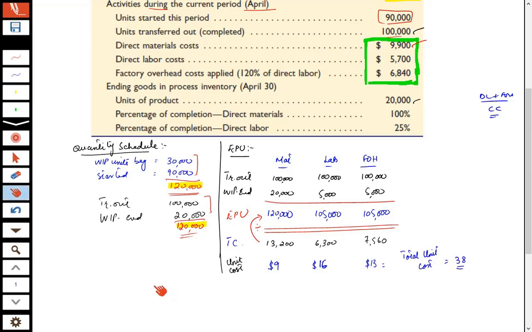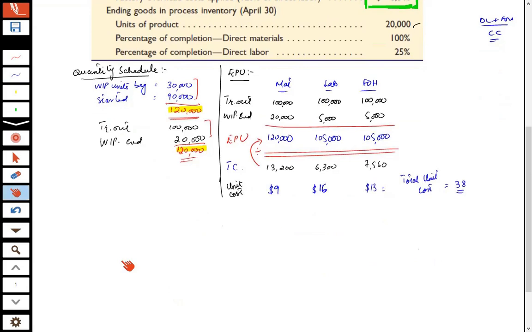And what would be the total cost that we have to account for? 27,060. This is the total cost that we have to account for.